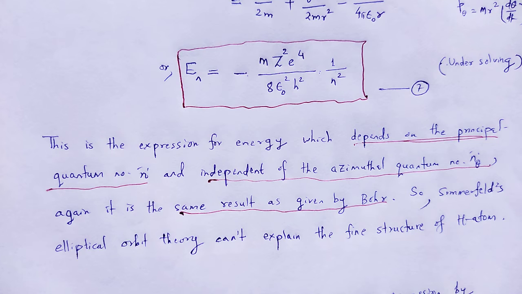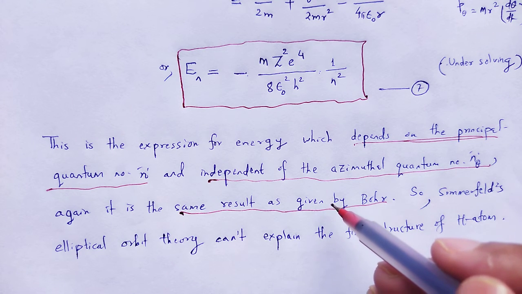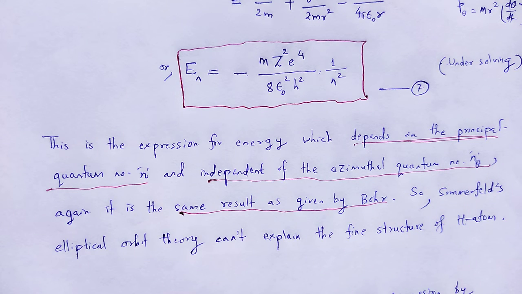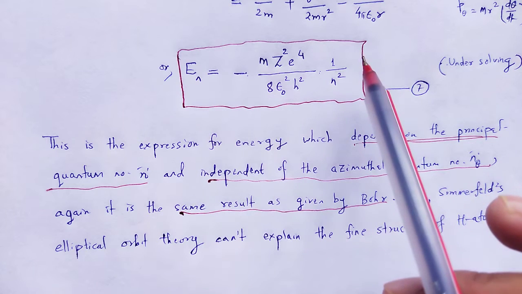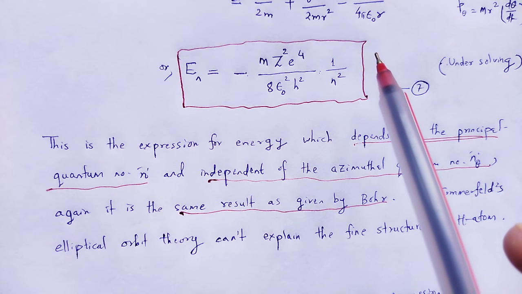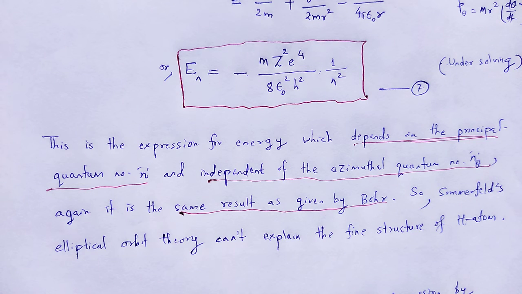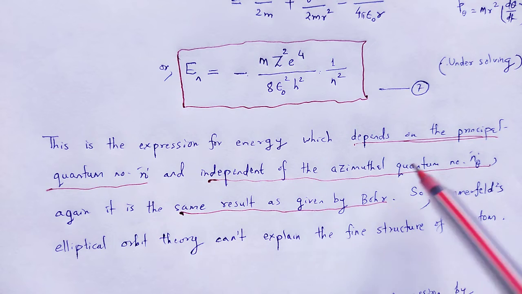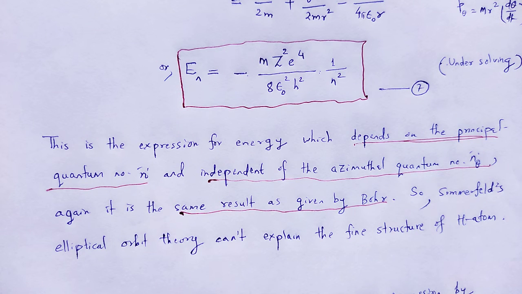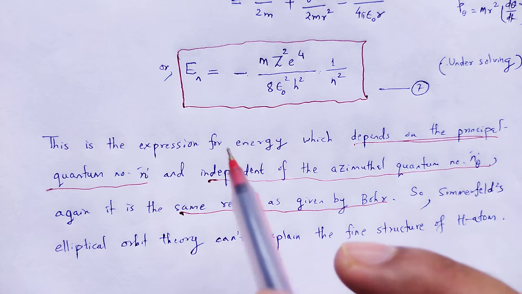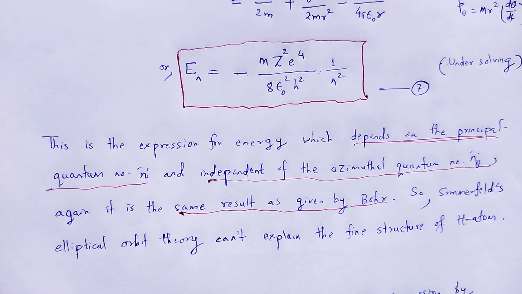It is a confusion, as Bohr assumed in his theory the electron revolving around the nucleus in a circular orbit, and then derived the expression for energy, and it fails to explain the fine structure of the hydrogen atom. To explain the fine structure, Sommerfeld modified Bohr's theory with the electron revolving around the nucleus in an elliptical orbit. But finally, the expression for energy is the same as that derived by Bohr.